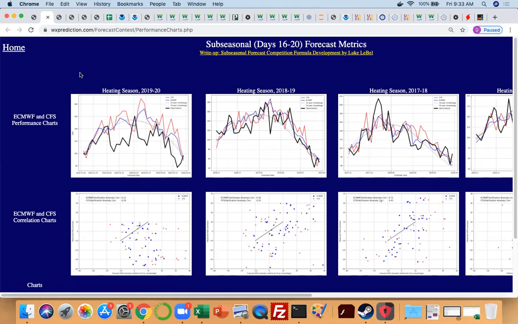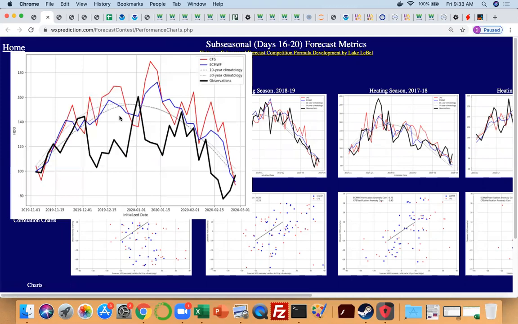In terms of the top row, the performance charts, I'll just highlight or mouse over. What you see is the time evolution, and we break these out by season. This is the current heating season, starting from November and ending almost near March 1st.